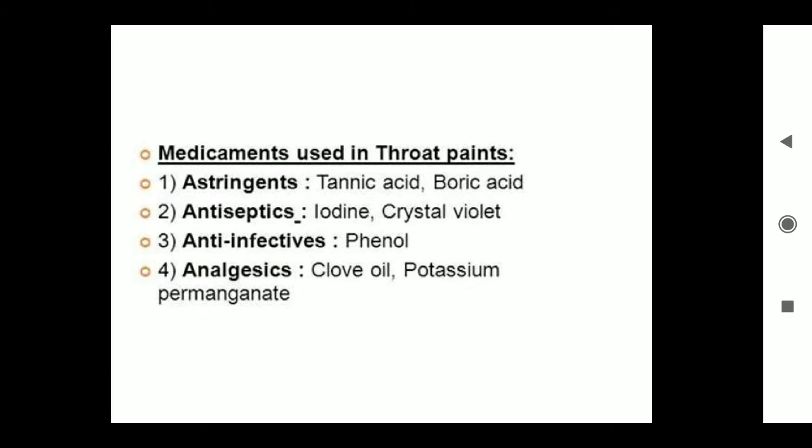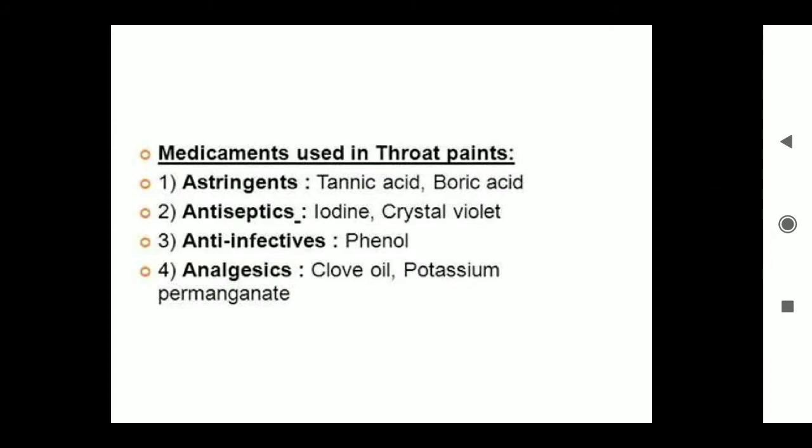The second category of medicaments used in throat paints is antiseptics. These are used to inhibit the growth of microorganisms or germs. Examples are iodine and crystal violet. Next, anti-infectives. These are agents used to cure the growth of microorganisms. Example: phenol.